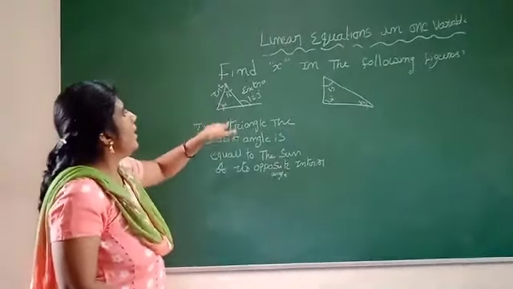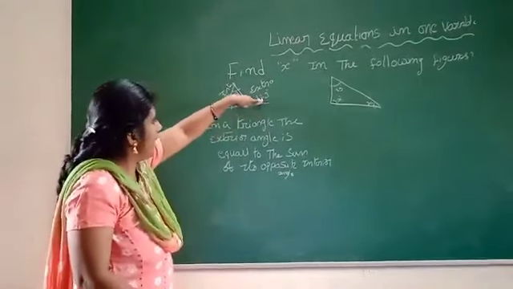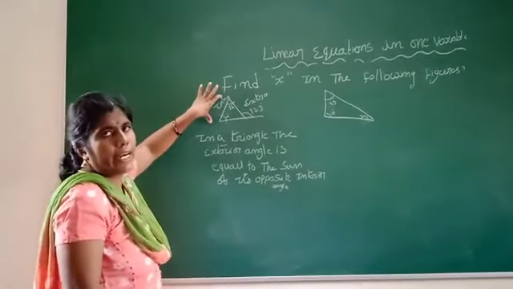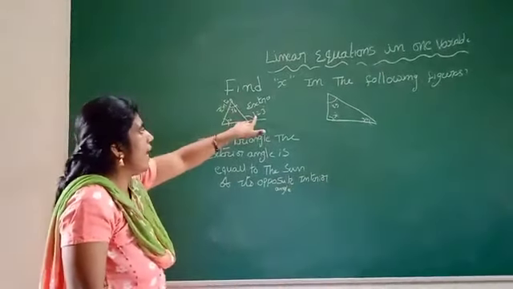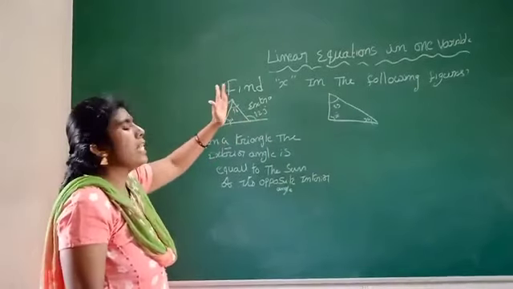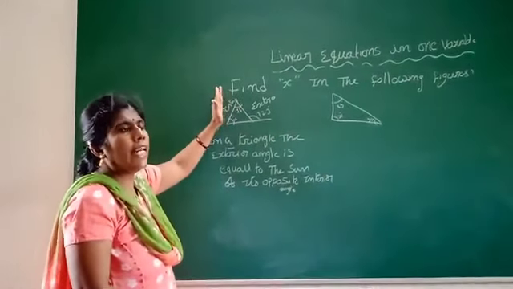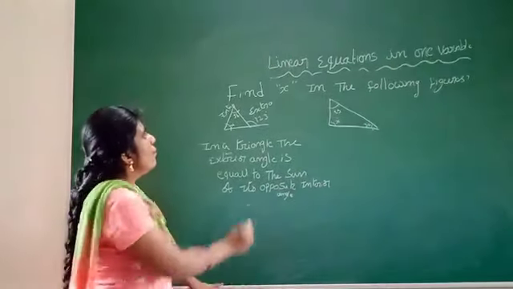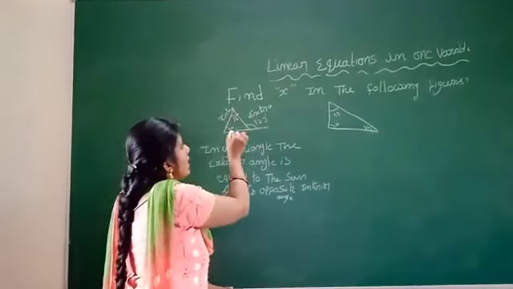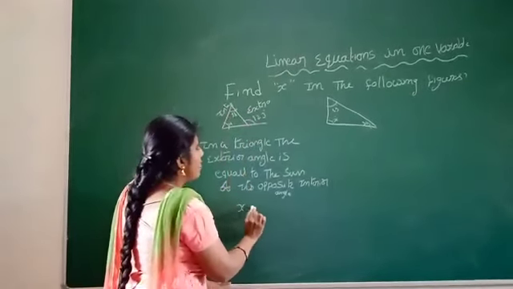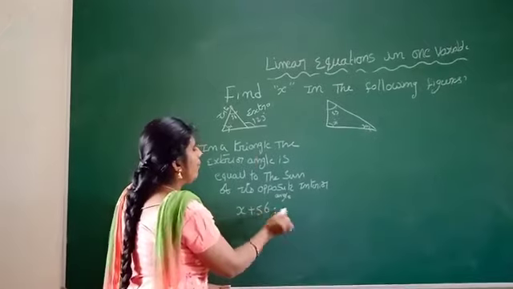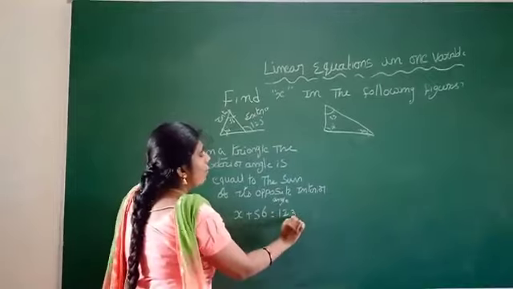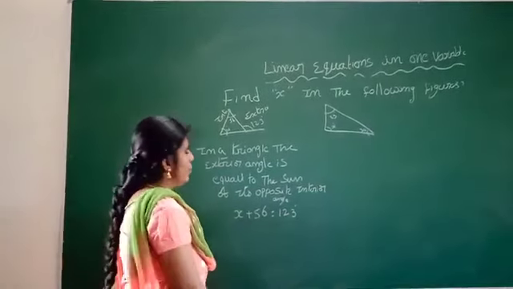Children, in a triangle, the external angle is equal to the sum of the opposite internal angles. Is it clear? This is one of the properties of triangles. So x plus 56 equal to the external angle, which is 123.